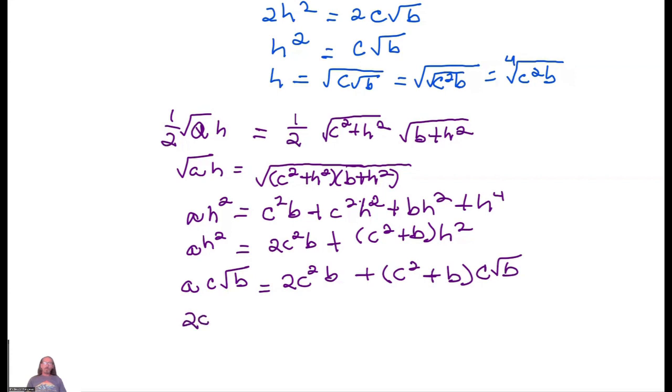So subtract the quantity C squared plus B, that quantity times C squared B, from both sides. Factor that out.